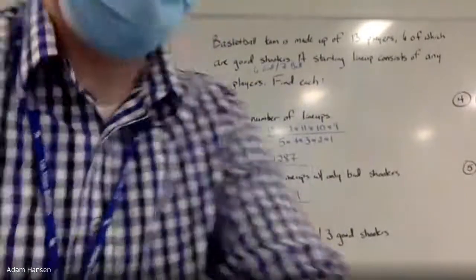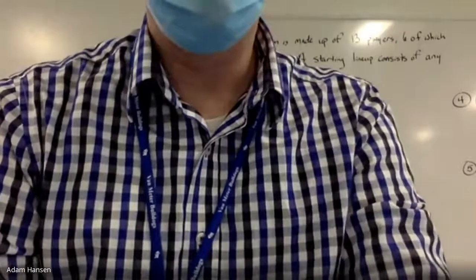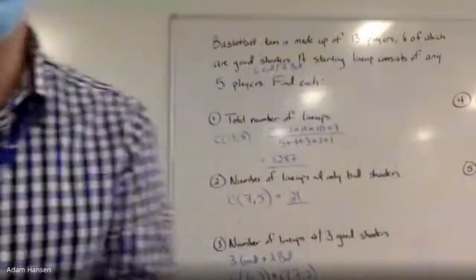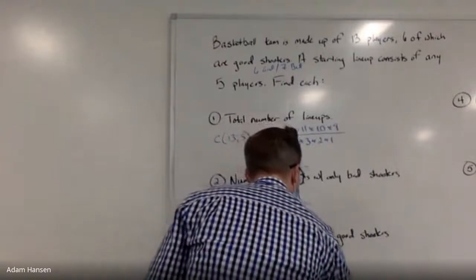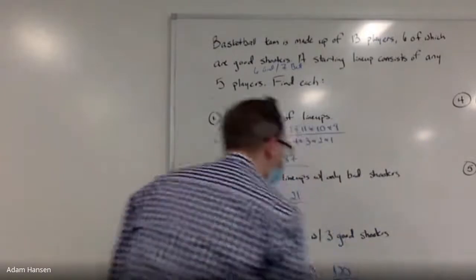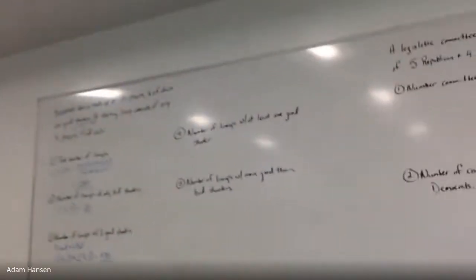We had 6 choose 3 times 7 choose 2. 420. How are we thinking so far? Good. Okay, let me come over here and try another few of these.